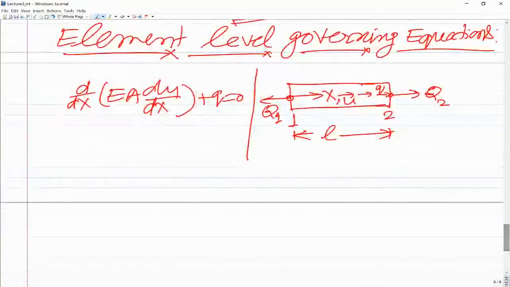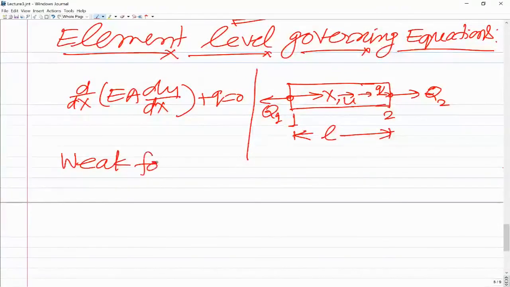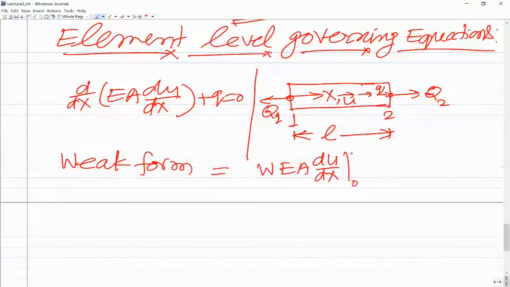Now the weak form, we have already done that. The weak form is basically going to be weight function W into EA into du by dx at x equal to 0 and small l. Let me multiply the whole thing by a minus sign also, so minus here and then plus, so that the stiffness term is positive, as I explained earlier.